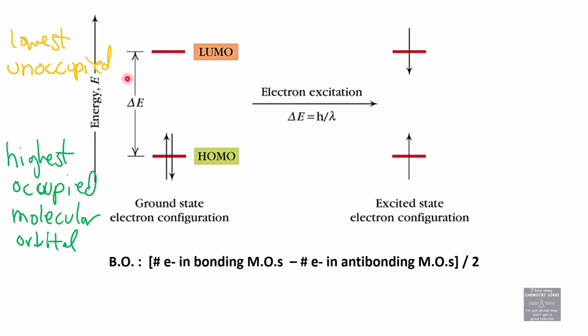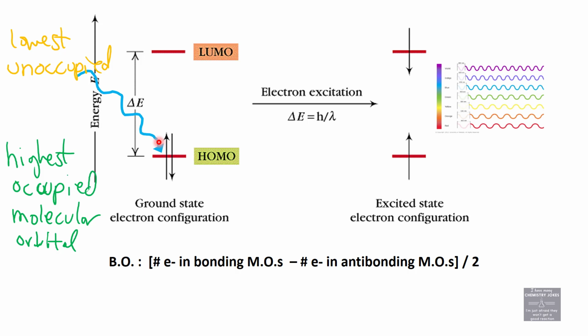Lowest unoccupied has no electrons. Molecular orbitals are descriptions of where electrons reside within a molecule, hence the word molecular orbitals. Within a molecule, there's a lot of electrons. The places they reside are called molecular orbitals. So there's a highest occupied and lowest unoccupied within all molecules. There's an energy gap between those that's important for what we're about to say.